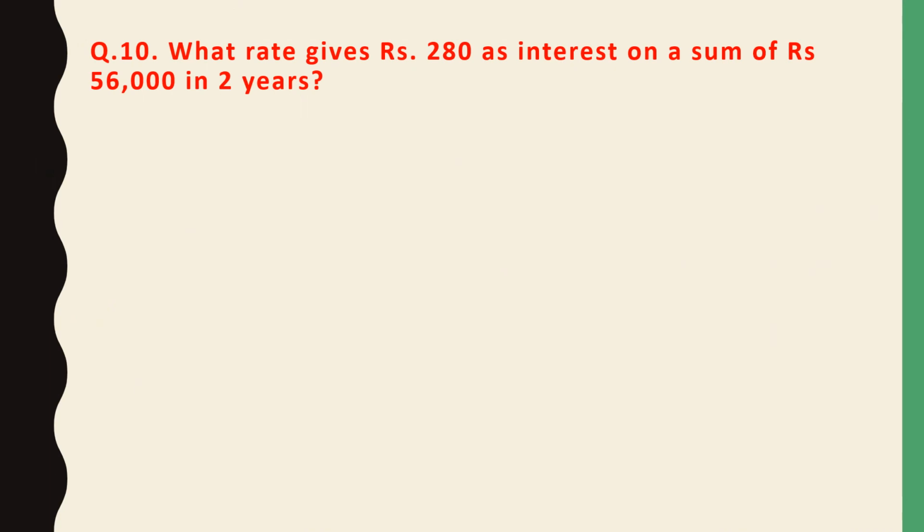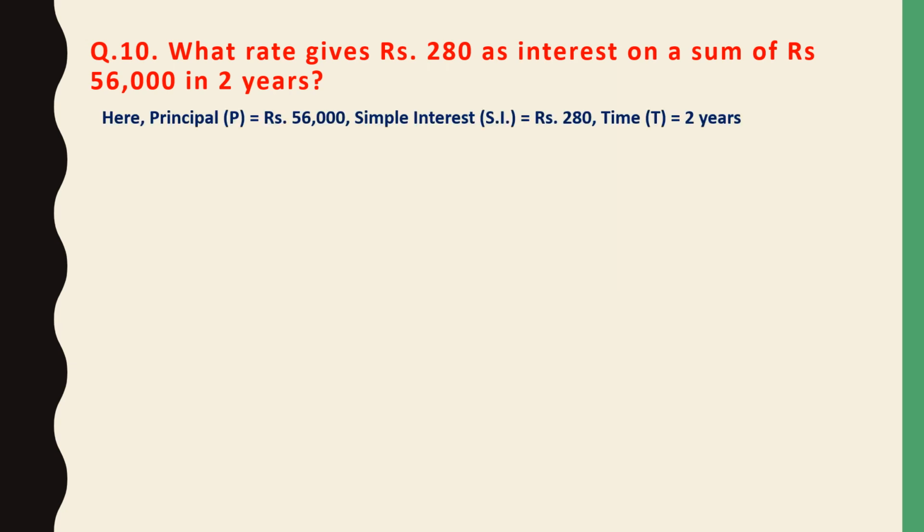Question number 10. What rate gives rupees 280 as interest on a sum of rupees 56,000 in 2 years? Principal P is 56,000. Simple interest is 280. Time is 2 years. Simple interest I is equal to PRT by 100. So we can write R is equal to 100 into I divided by PT, that is 100 into 280 divided by 56,000 into 2.